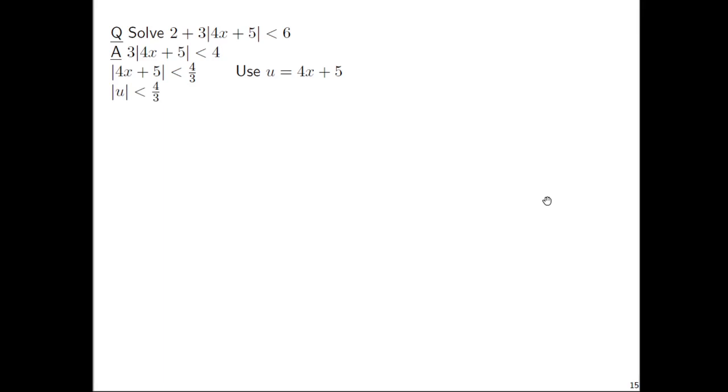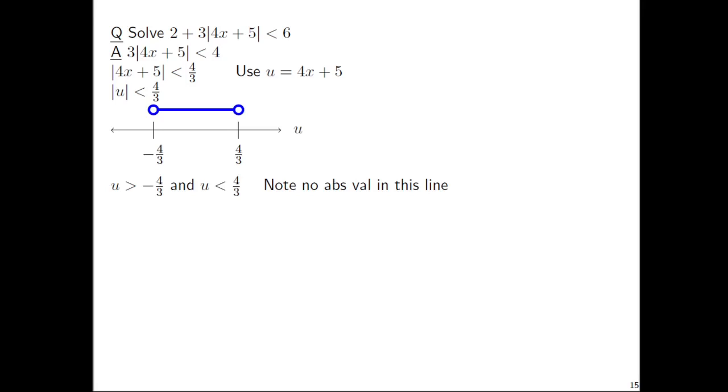Now that it's just absolute value of a single letter is less than a number, 4/3, we can now spot check, pick values of u. Does u equals 0 work? It sure does, right? u equals 1 still works because 4/3 is like 1.3 repeating. But just the fact that 0 works tells us that we should be creating a number line diagram for u that would look like this. And so u has to be both bigger than negative 4/3 and smaller than positive 4/3.